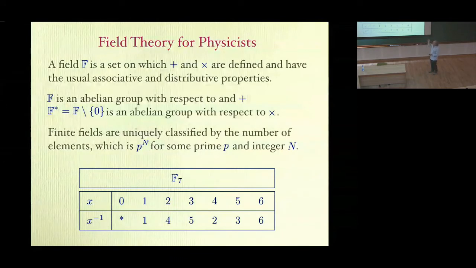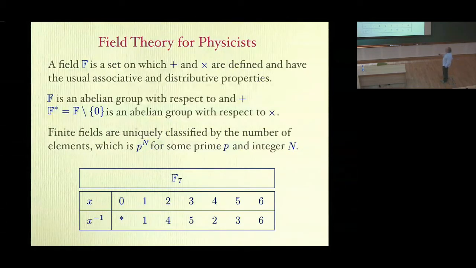But you can have a finite field, and if a field is finite, then the number of elements is p to the k for some p and k. So it's a prime power for some prime. Here's what must be almost the simplest field, the field with 7 elements.